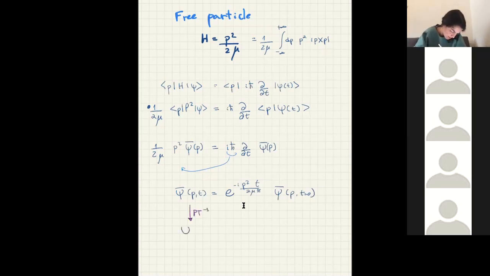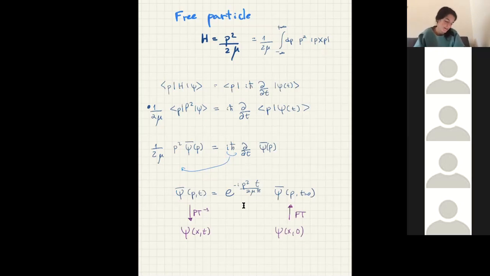I think one of them is the reverse, the other one not. But maybe we didn't start by knowing the wave function in the p basis. We started by knowing the wave function in the position basis. So we apply the Fourier transform to get this one. We evolve it in the p basis, and then we evolve it back.